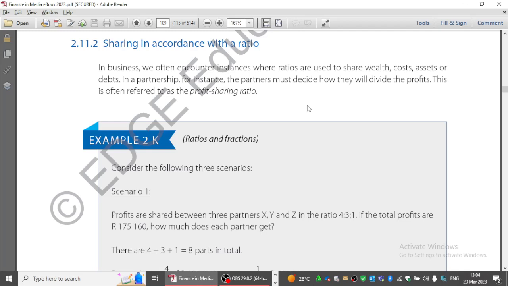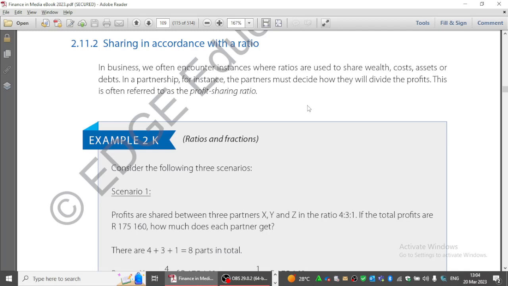The owners can decide that for each and every profit generated, we're going to share it based on their total contribution to the company. So if one invested 30,000 and one invested 70,000, that will be the ratio 30 to 70.